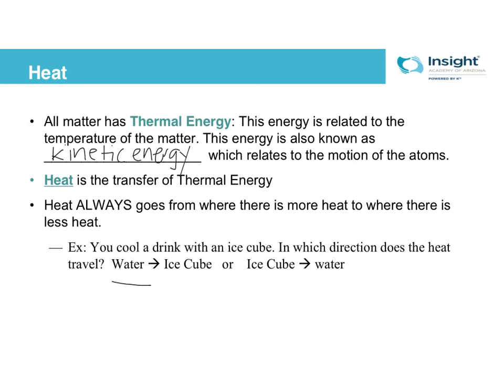So when you use ice cubes to cool your drink, what's happening is that the heat is leaving the liquid and going into the ice cube, because the ice cube has less thermal energy in it. That's why it's frozen. So you can also think of it as heat transfers from the hot stuff to the cold stuff. It always goes from hot to cold.